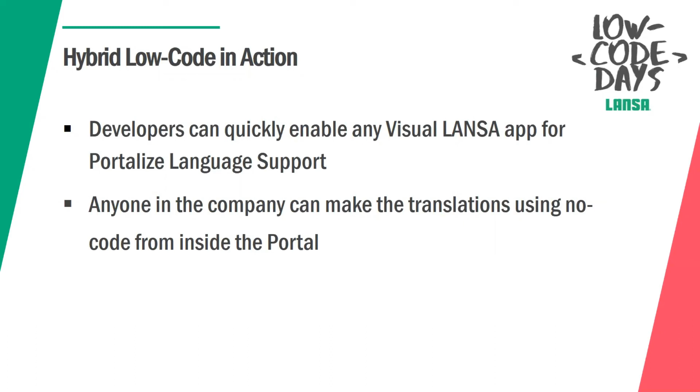If 20 different languages are going to be used, it does not matter to that developer. The developer just develops the app like they always have with no need of a translator. This lets the developer stay focused on developing, and it lets the end user or someone familiar with the language actually do the translation. Again, one deployment, one portal for any number of languages.